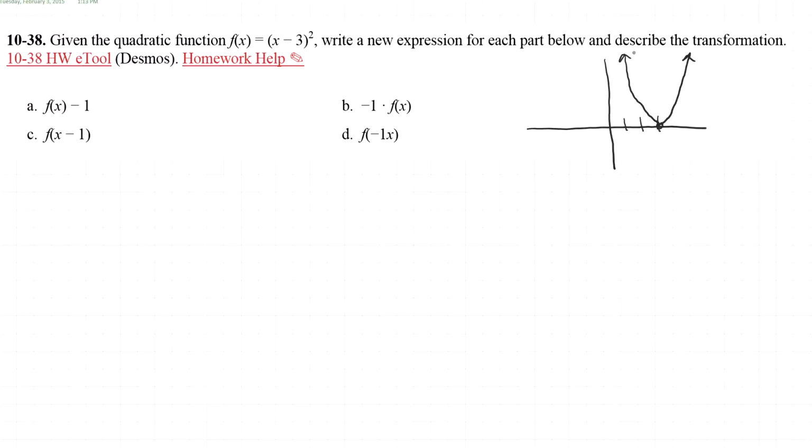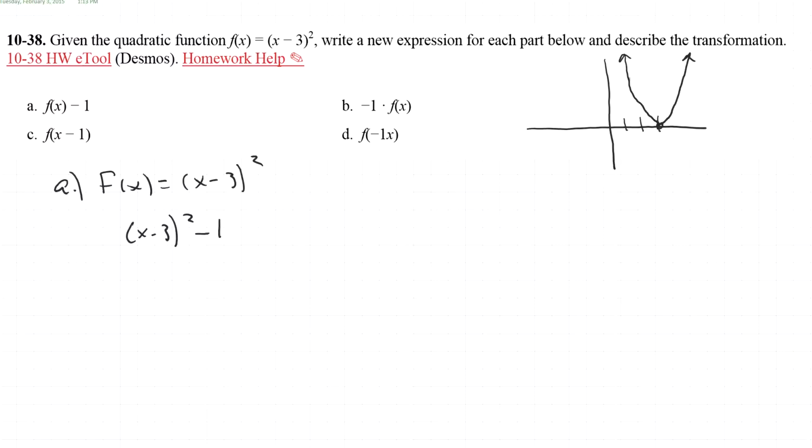And just a sketch. Okay, so then what we're going to do here is we're going to take the function and subtract 1. So I know that f of x equals (x minus 3) squared. So I'm going to take the function and then subtract 1. So it's going to be (x minus 3) squared minus 1.